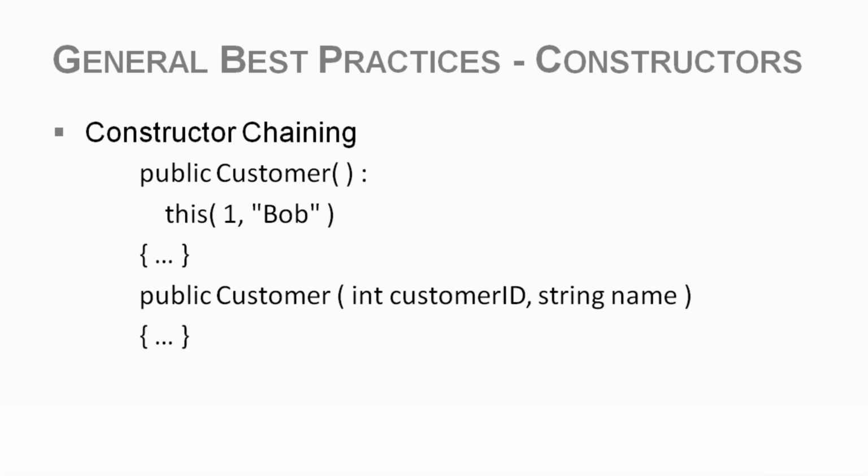Our second constructor takes parameters for customer ID and string name, and we do whatever we need to do with those parameters in that constructor. We don't have to rewrite that code in the constructor that has no parameters if we call or chain the constructor from the no parameters to the other override that takes the two parameters. So that's a few suggestions, and we've got plenty more in upcoming lessons.